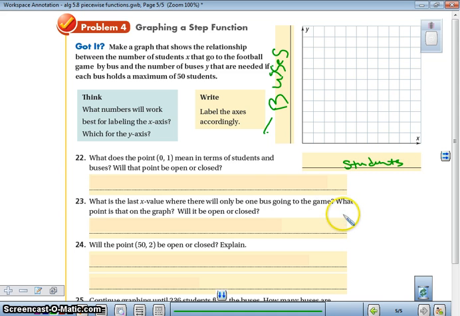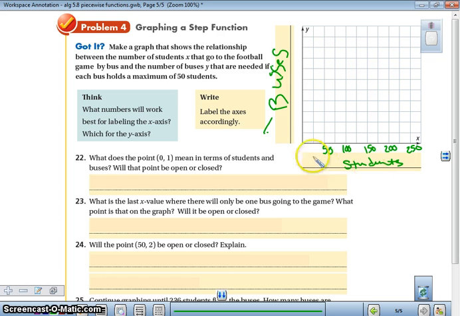We want to think about what our scale is going to be. So what does the point (0, 1) tell us? If we think about that point, remember we're talking about students on a bus, and each one can hold 50. So I might put my number of students at 50, I might have 100, 150, 200, and 250. If we think about having 250 students, how many buses?